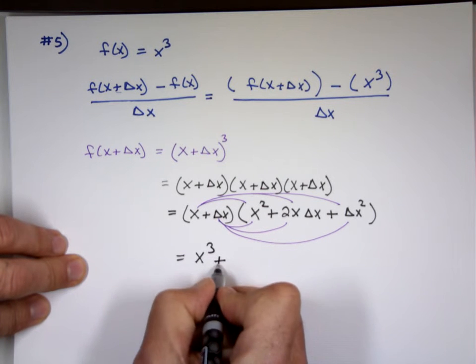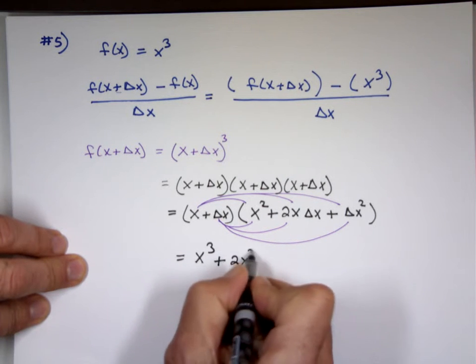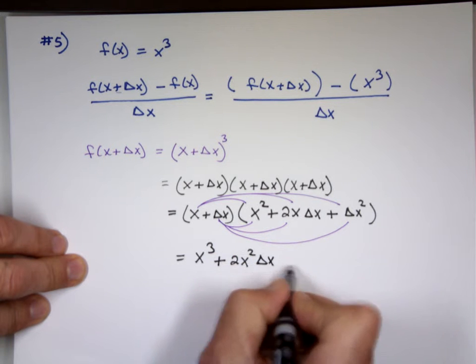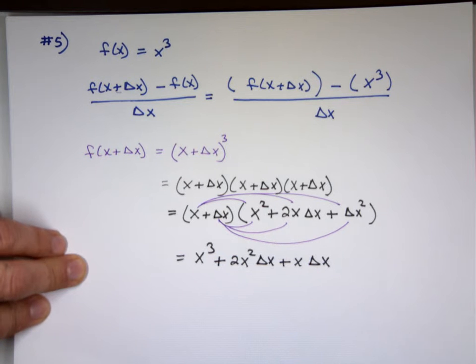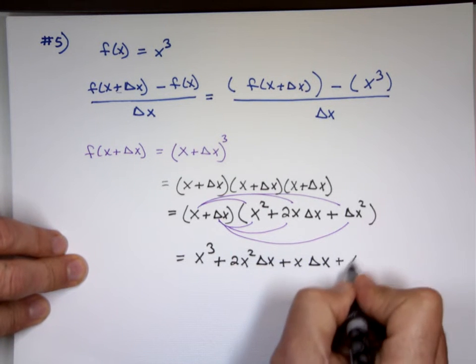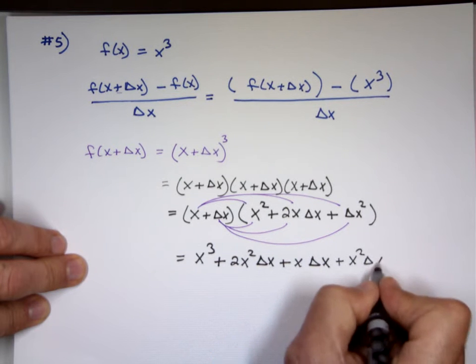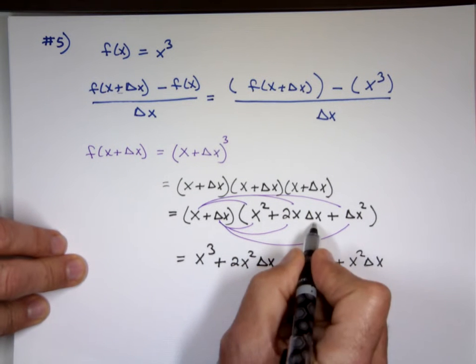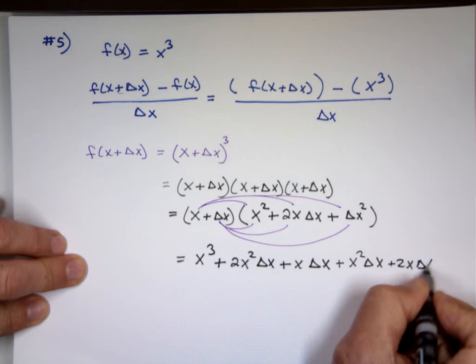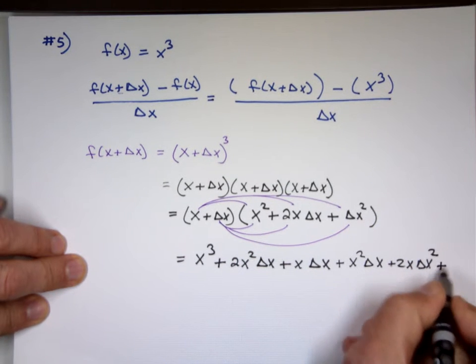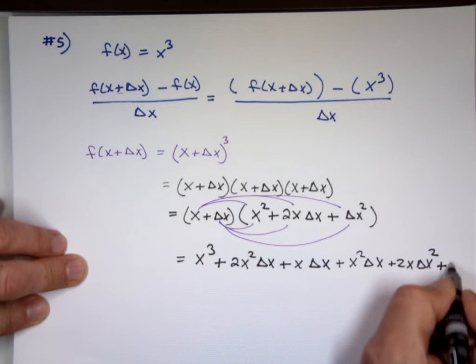This will be 2x squared delta x plus x delta x squared. What's delta x times x squared? X squared delta x. What's delta x times 2x delta x? 2x delta x squared. And finally, delta x times delta x squared is delta x cubed.